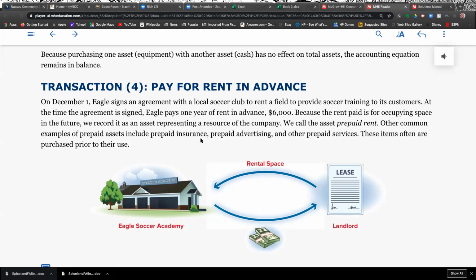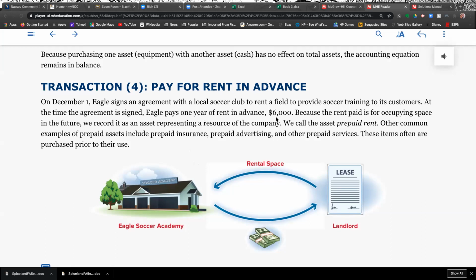Who does that? Only in an accounting textbook would you do something like that. So notice it says pay rent in advance. As soon as you see the words in advance connected with something like rent, that's an asset. It's not an expense, it's an asset.